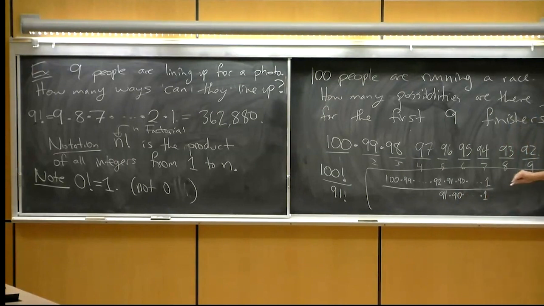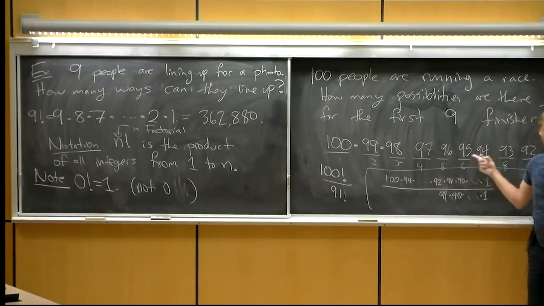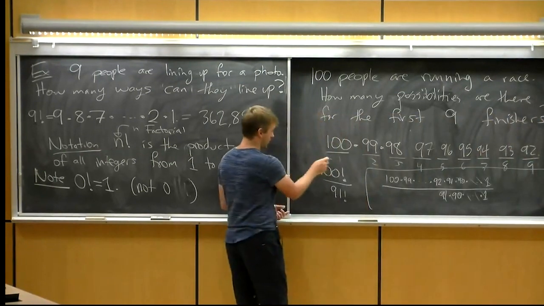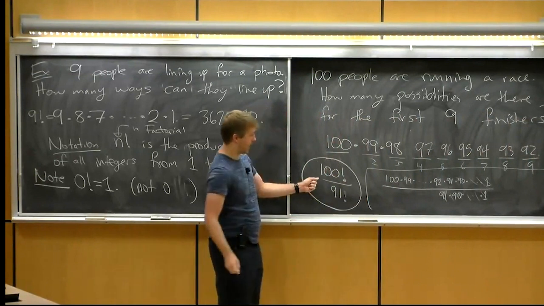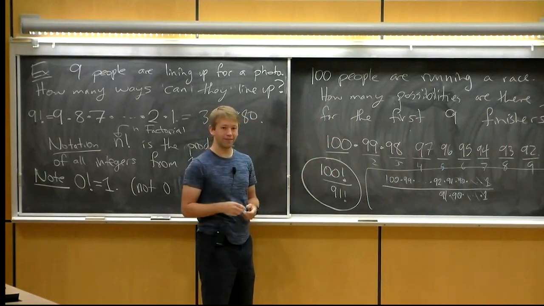And you can see that all of this stuff will cancel. And you have 100 down to 92, which is what we're writing here. Okay. So if you can work out that this is going to be your answer, you can just put that in your calculator.